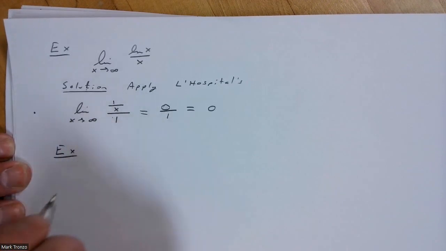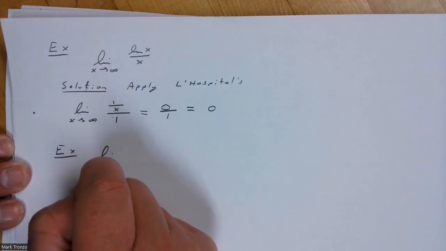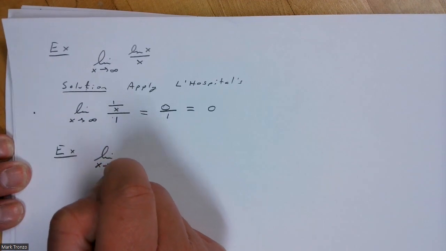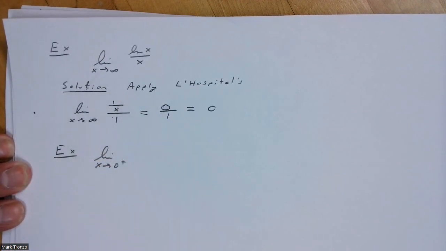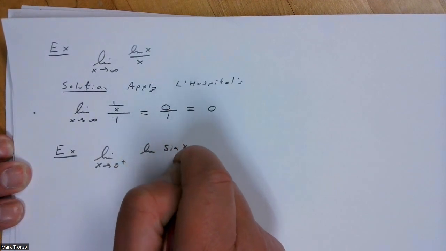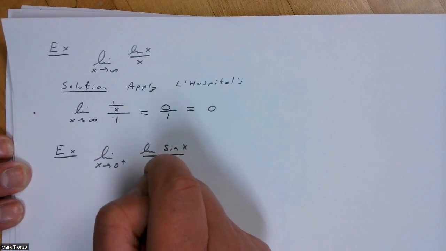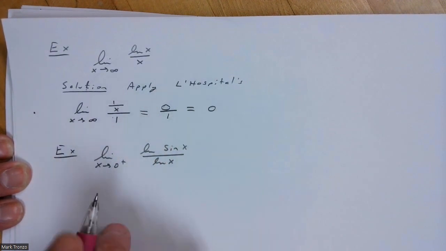So again, here's an interesting one from the text. The limit as x approaches 0 from the positive side of log of sine x over log x.